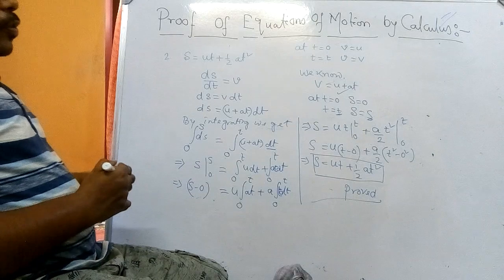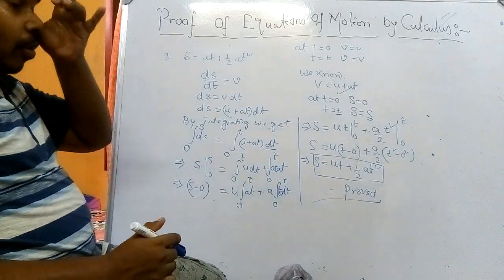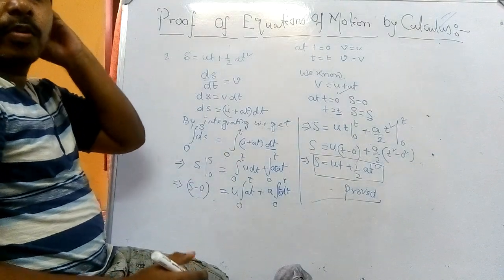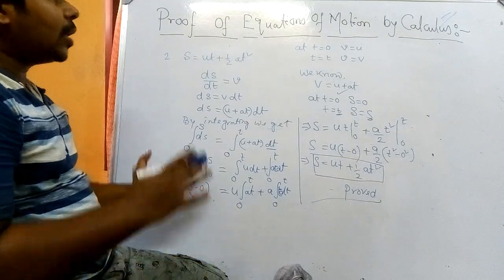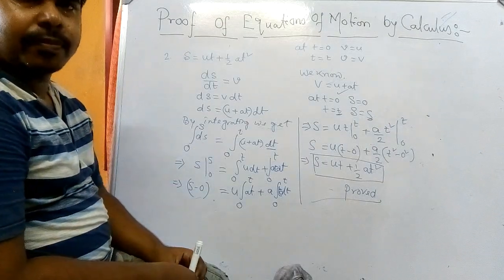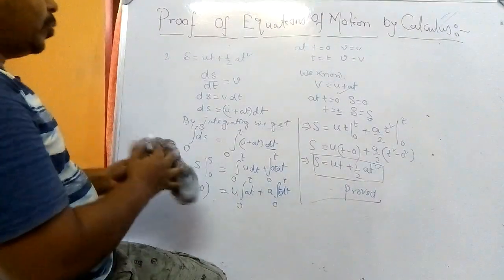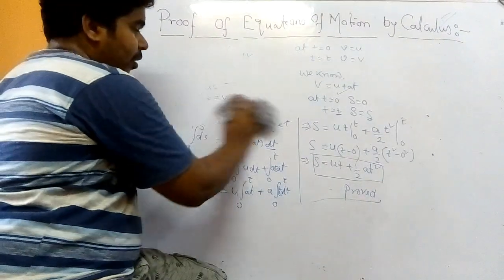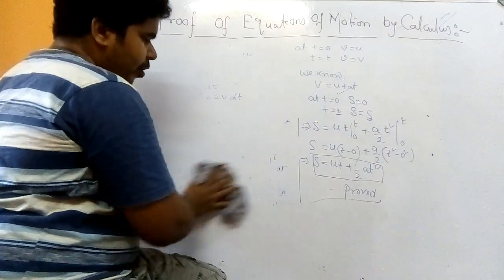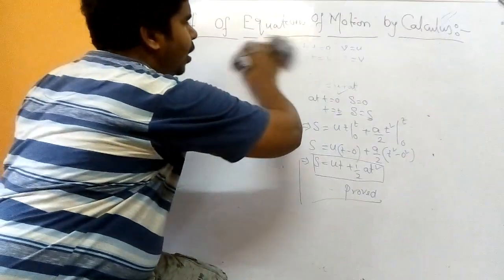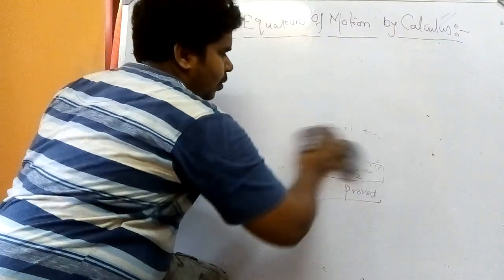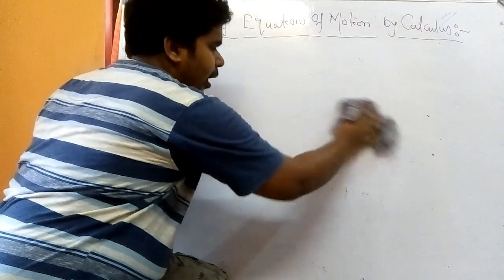Okay, so see the process by which we have got the equation s equals ut plus half a t square. Okay, now we'll go for the last equation, and in that equation we have to use a little more tricks. Okay, so what is the last equation?